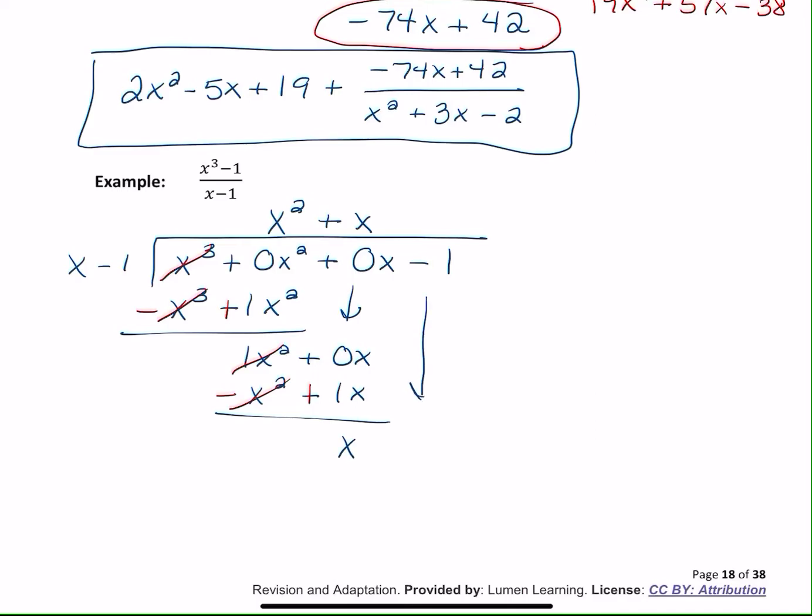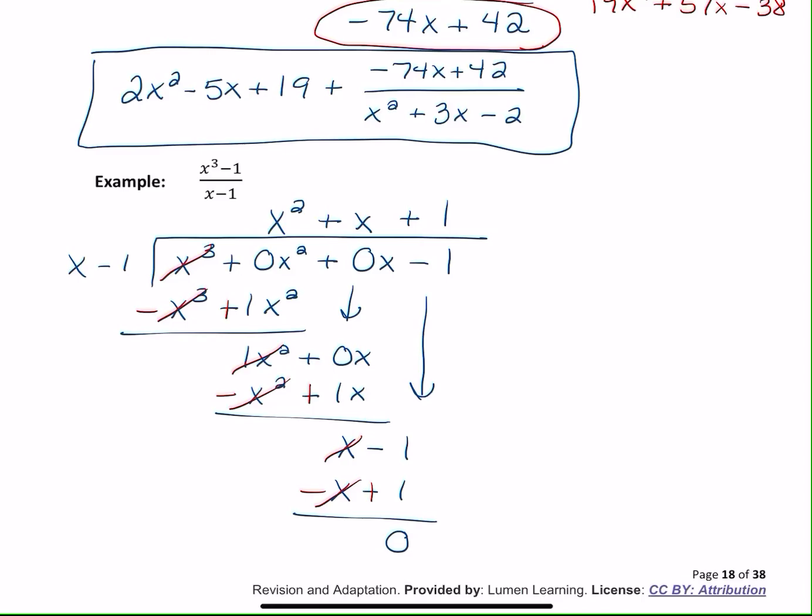And I'm going to bring down the 1, or the negative 1. And then what do you multiply x by to get x? Well, that's just going to be a positive 1. So 1 times your divisor will give you back your divisor, or x minus 1. And then when I subtract, it's going to go to 0.